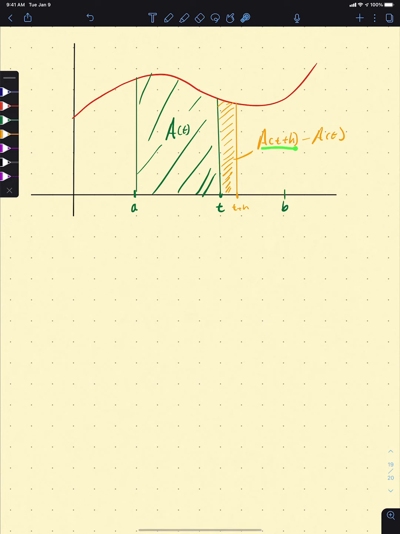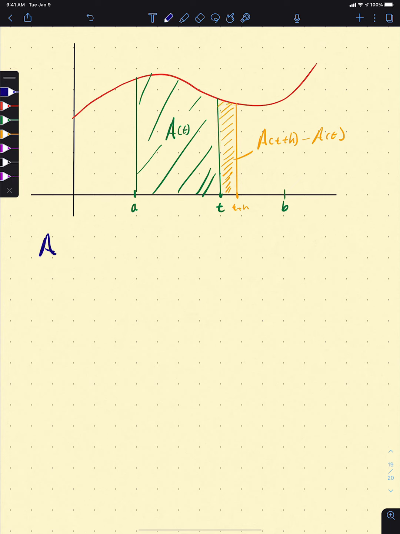So A of t plus h minus A of t gives us this, right? But notice that as h gets smaller, this is going to slowly approach this rectangle.